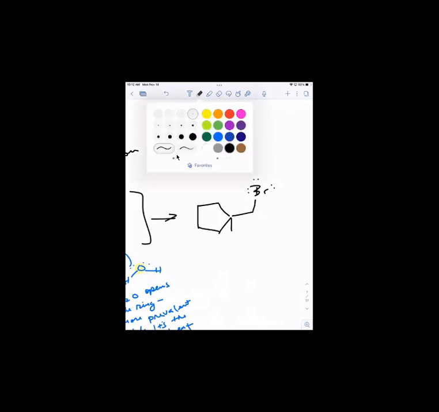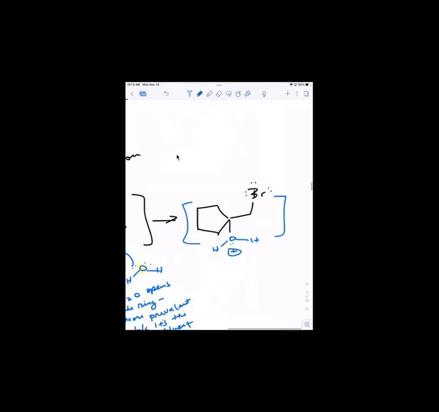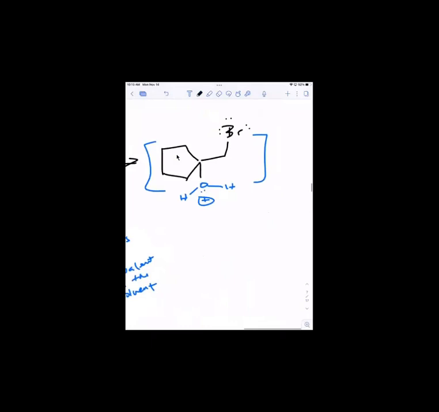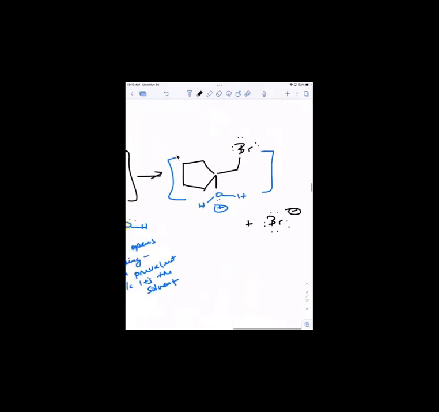And then this is here. How do I get rid of that proton to make that an OH? Anybody?